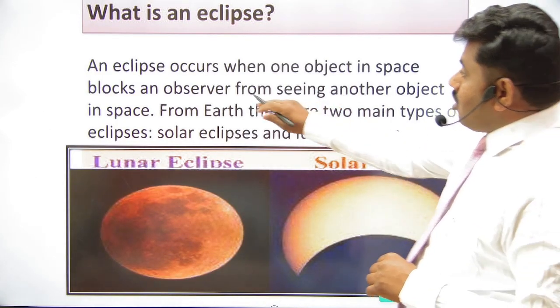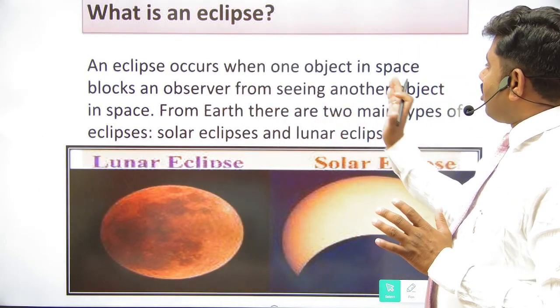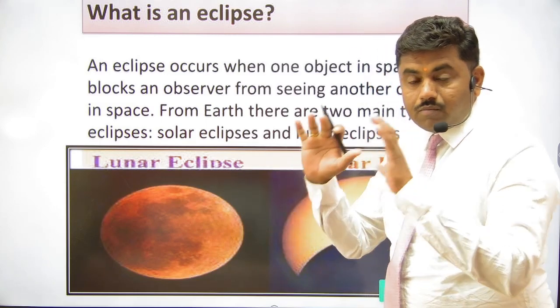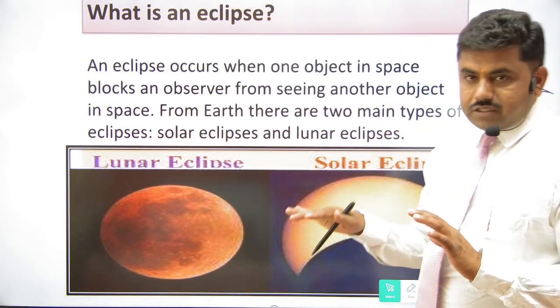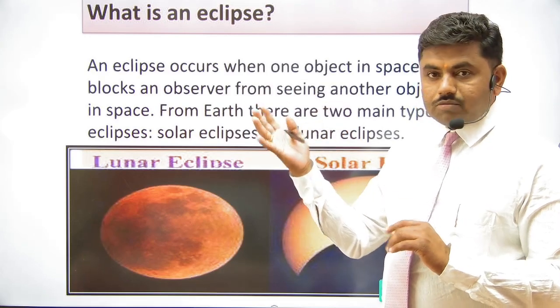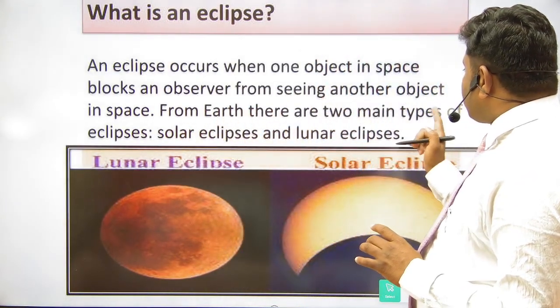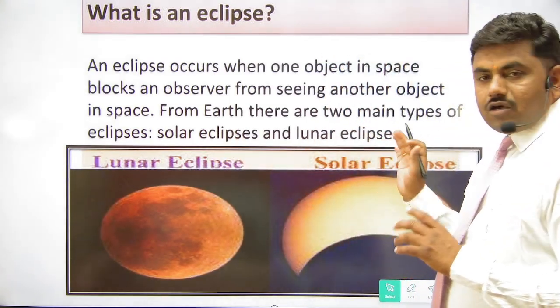How does it occur? One object in space blocks the observer from seeing another object. If you want to see another object and it blocks, that is an eclipse.